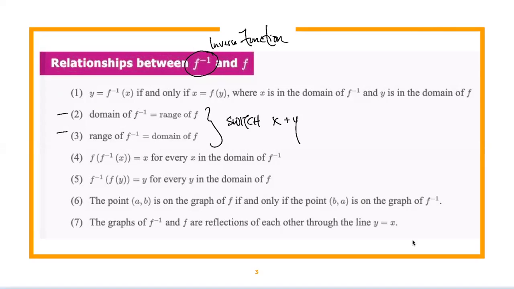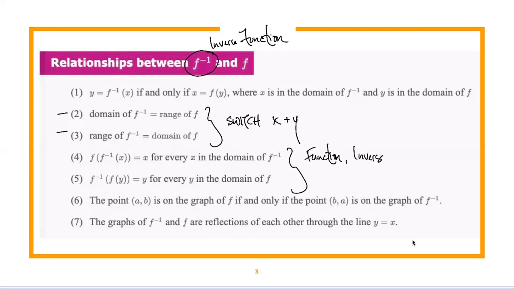Now, another important thing about inverse functions is that it helps you undo something. So that means if I have x and I add 5, then I subtract 5, I should get the same thing I put in, which was x. And so that's what this second part really says, is that if you have the function and then you apply the inverse function, you should get the original value.